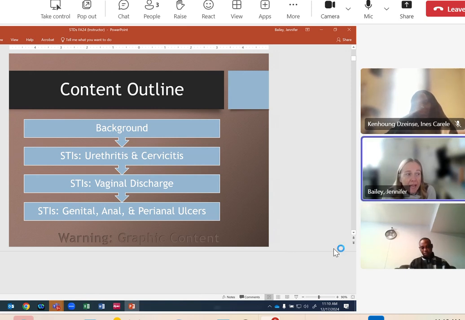The categories are infections that usually cause urethritis or cervicitis, infections that usually cause vaginal discharge, or infections that usually cause genital or anal ulcers or lesions. I think we talked about 2 or 3 from each of those categories.